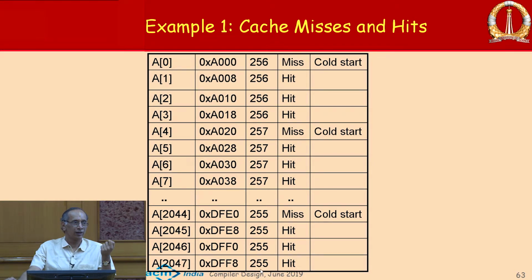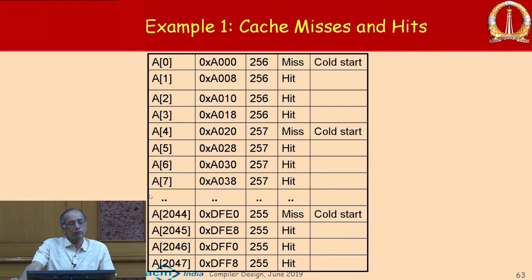So, 1k elements would be how many bytes? 8k bytes. So, 8k bytes is starting from 256 all the way up to 511 and the next 8k bytes will be from 0 to 255. That is really what is happening here.